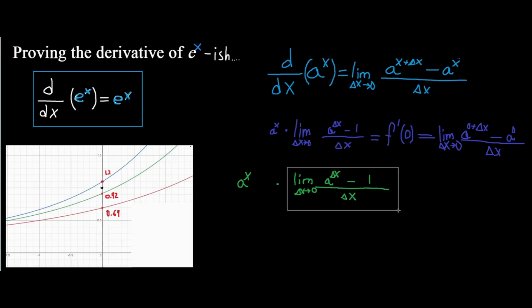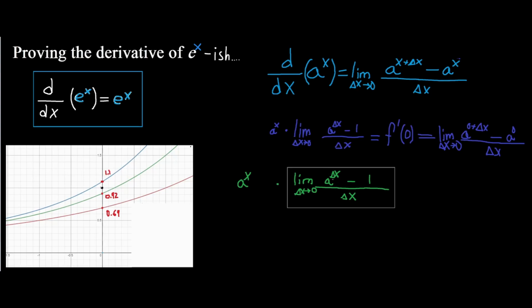This is always going to be a constant depending on what a is, and it equals f prime of 0, because when x is 0, the exponents cancel out. This becomes 1, and this becomes just a to the delta x.